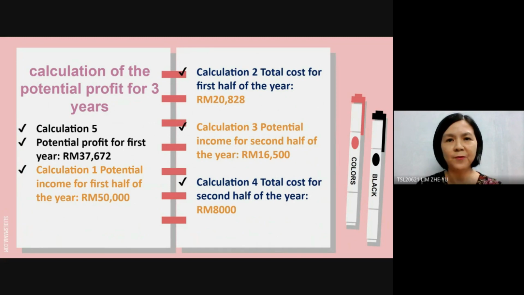For calculation 5, summing up above, potential income for first year will be about 67,000 ringgit, while total cost is about 30,000 ringgit. And thus, the potential profit for first year will be about 37,000.